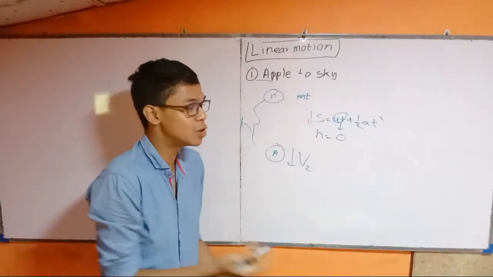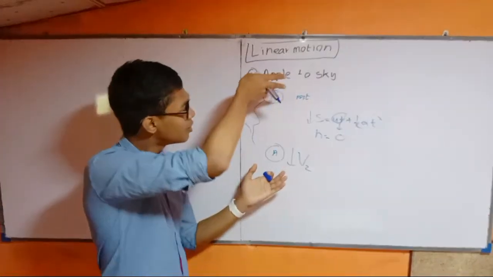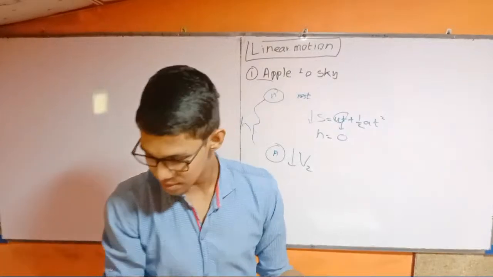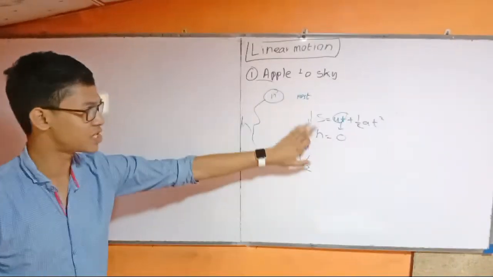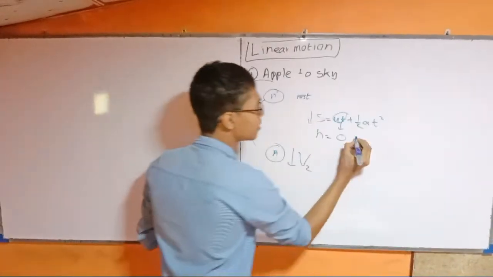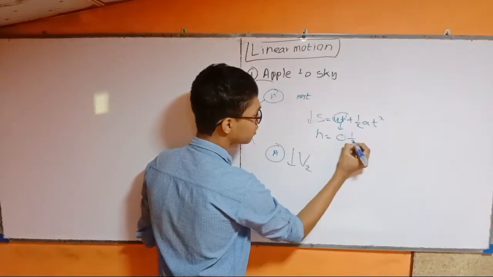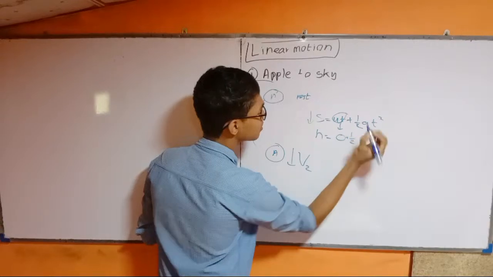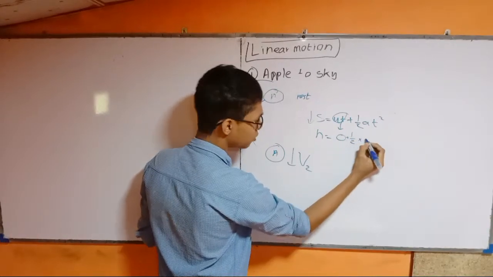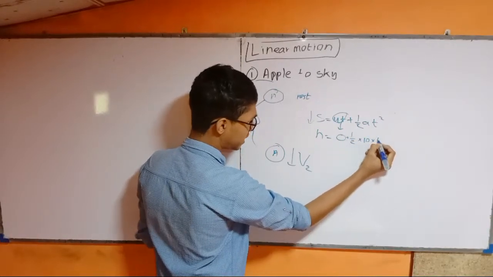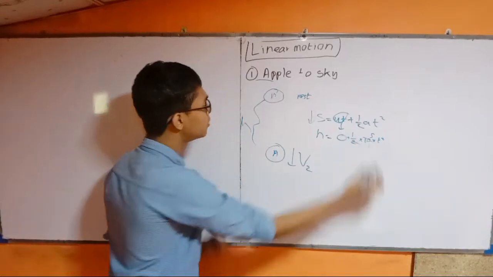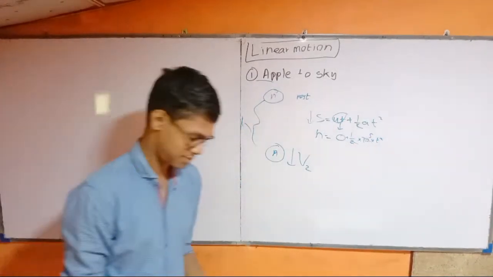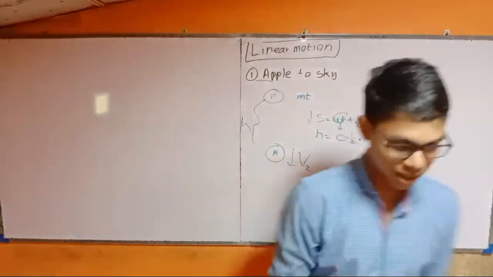You don't need to apply it upwards because the object is going down. So half into 10 into t squared, 5t squared. h equals 5t squared. That's all. You understand that thing, right?